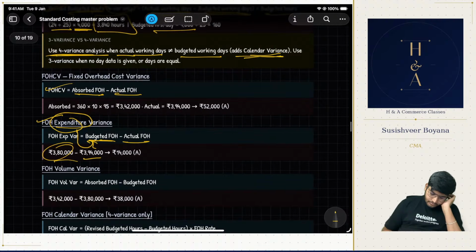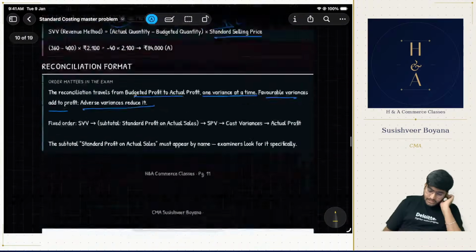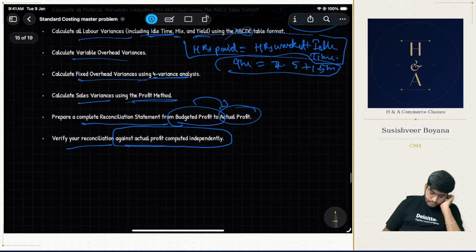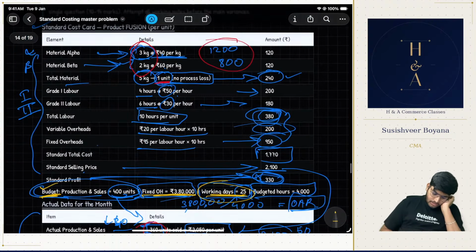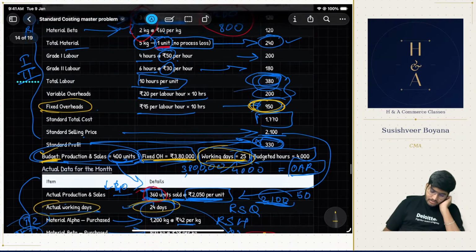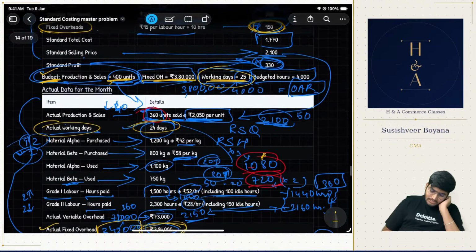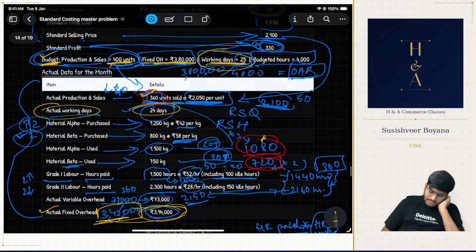There we go. Sir, when we talked about absorbed, 342, if you notice, we already calculated it before. 342. Sir, how did I calculate this, sir? I know that for my fixed overheads, 950 is what I have per unit. Budgeted is 400, but the actual produced is only 360.